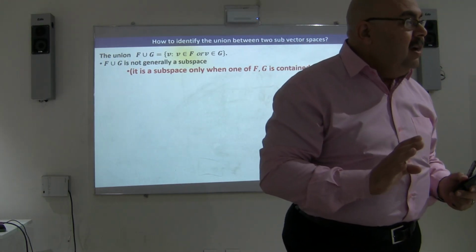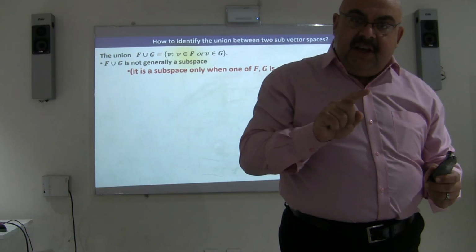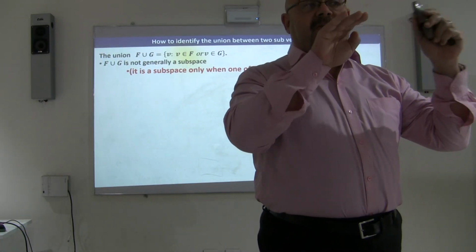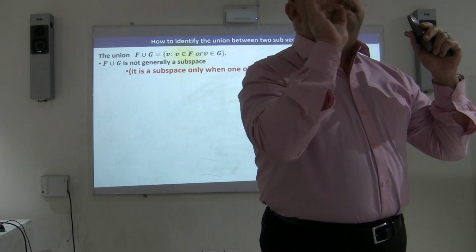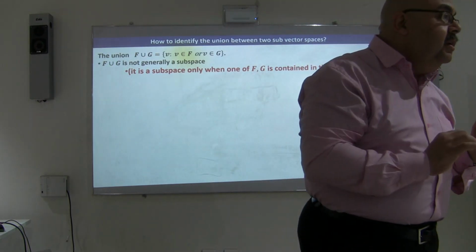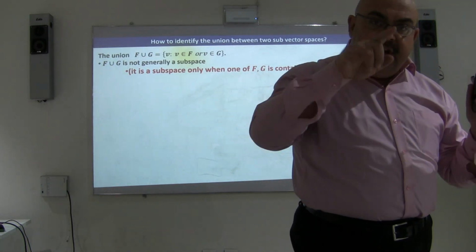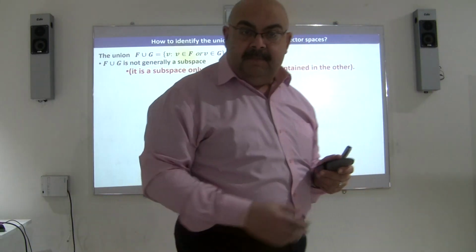Are you with me? Except if one of these two subvector spaces is a subset of the other. Then in this case, the union will be a subvector space, okay?